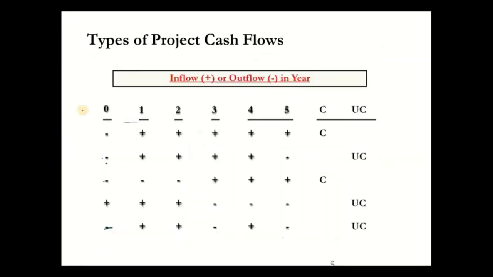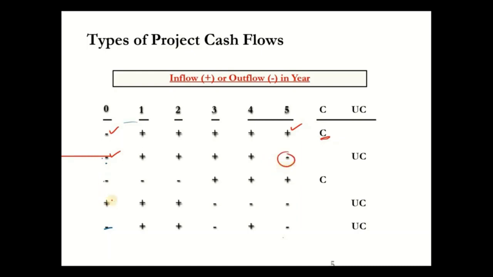If you see this chart, in the start if you have an outflow and at the end you have an inflow, straight away it is a conventional cash flow. In the start it has an outflow, so it can be conventional or unconventional, but we have to look at the last one. It is negative, so it cannot be conventional.